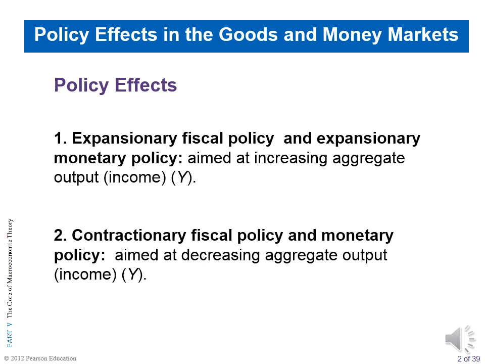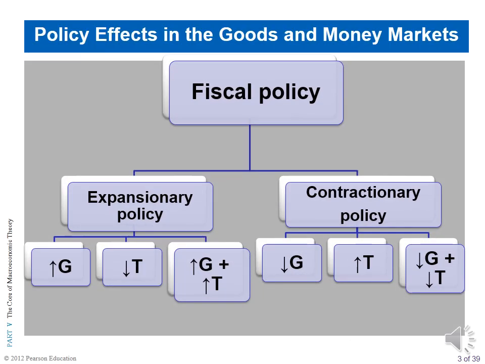If the policy can decrease aggregate income, it's an efficient or effective policy. If it couldn't decrease aggregate income, it's an inefficient or ineffective policy. Okay, let's talk about each policy in detail.